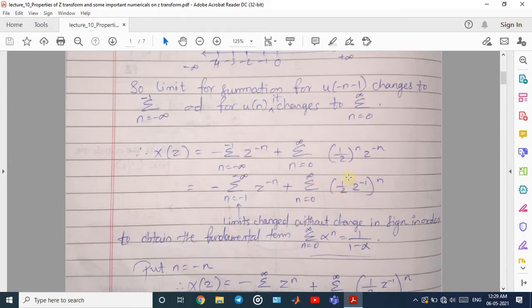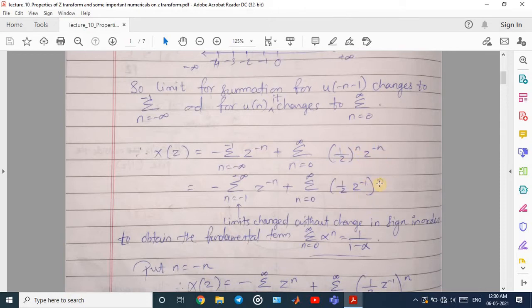Then we can see here there is a common power. If we take z inverse instead of z, then the power will become common, which is n. So 1 upon 2 multiplied by z inverse. After taking this as z inverse, the power will become plus n, so both powers will become common.